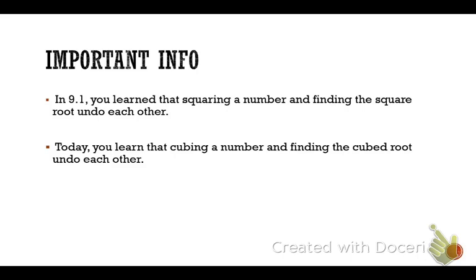This is what it looked like: 3 squared equals 9, and the square root of 9 is the inverse, and that equals 3. We're showing that we can square a number and get a product, and when I take the square root of that answer, it's the original number. So they kind of undo each other.